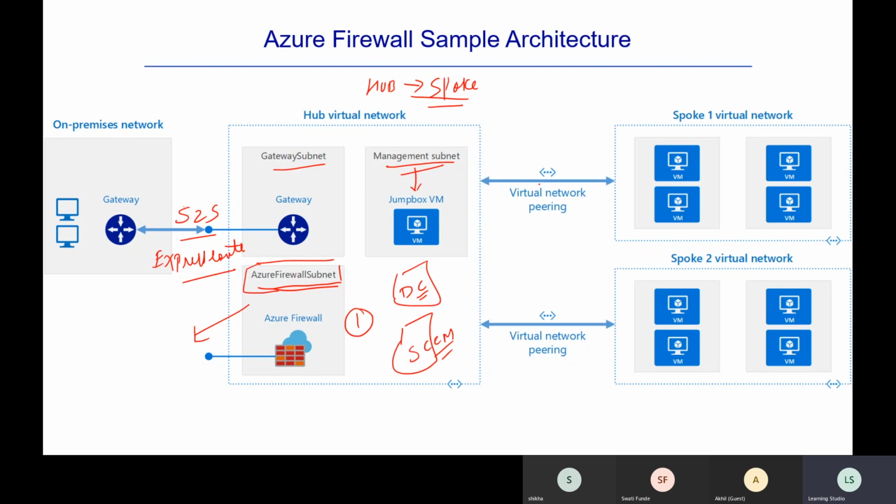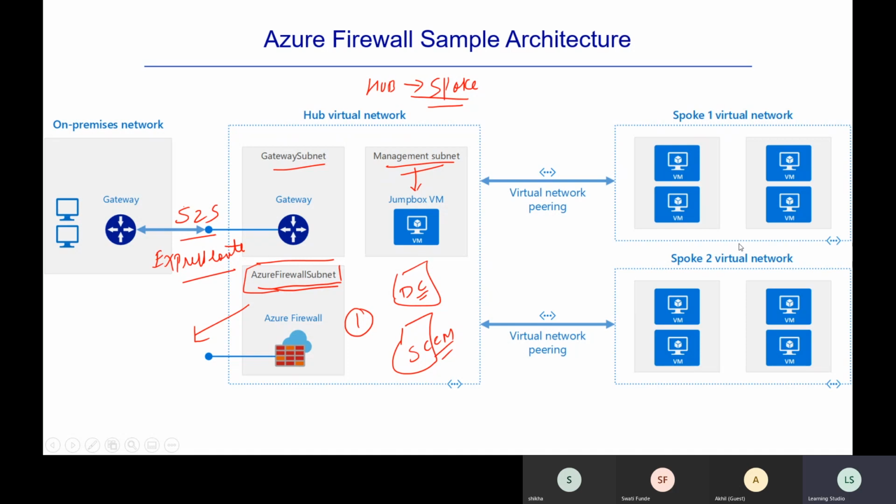Now, if you look at the extreme right, there are 2 different virtual networks. This virtual network is called Spoke 1 virtual network, and the other is called Spoke 2 virtual network. These 2 virtual networks do not have connectivity between them, so they are not directly connected using VNet peering.